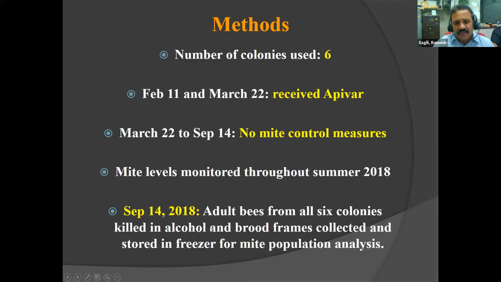I'll show you a video and a few pictures so that you get a sense of how the bees were killed. Then all the frames with brood were also collected and stored in a freezer for evaluation for the mite.